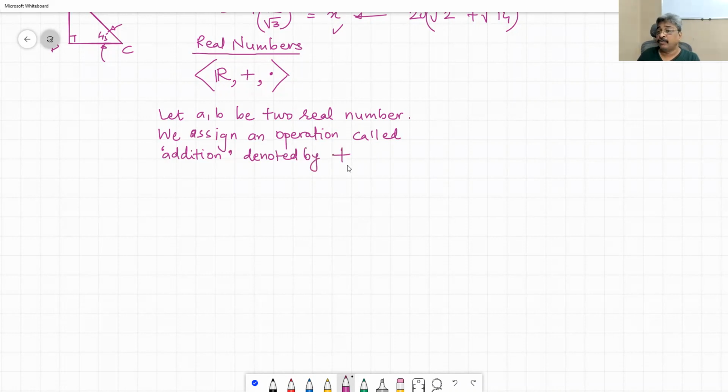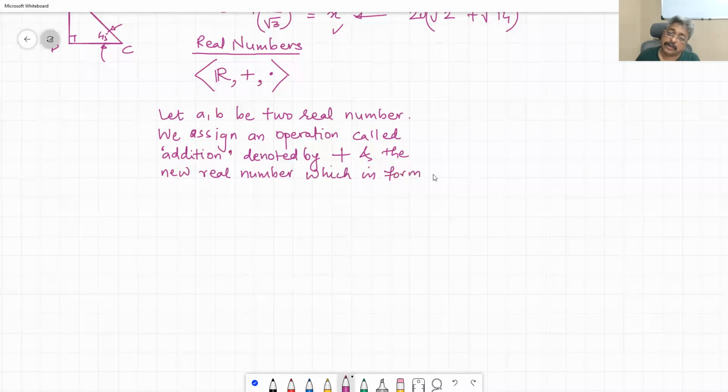You can use any sign for denoting addition, but it is conventional to use the plus sign. And the new real number which is formed is A plus B.